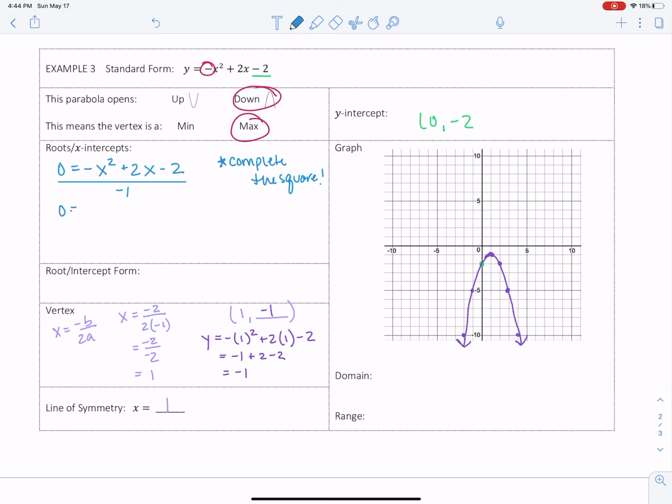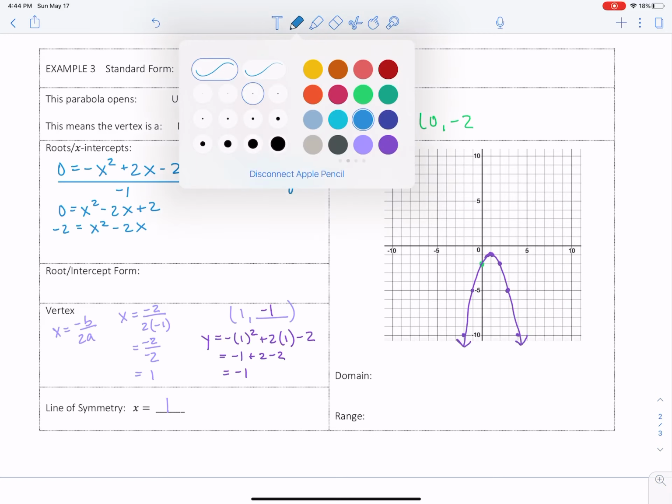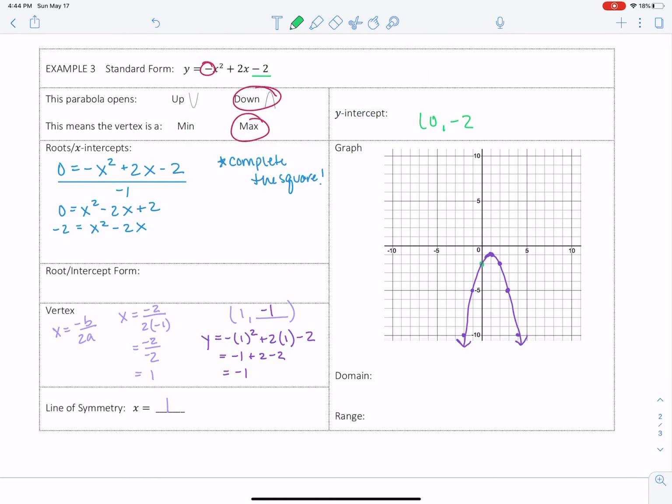So we have 0 is equal to x squared minus 2x plus 2. Then I'm going to add that c. So I have negative 2 is equal to x squared minus 2x. Now I need to add that special number. I'm going to do this in my head. Negative 2 divided by 2 is 1, negative 1 squared.